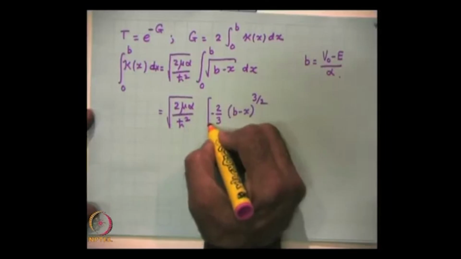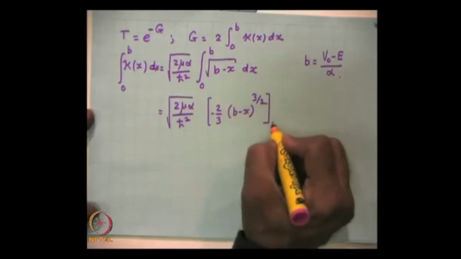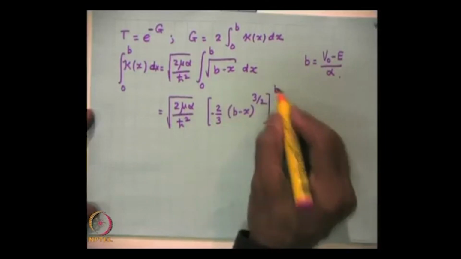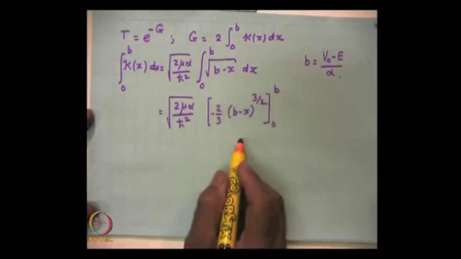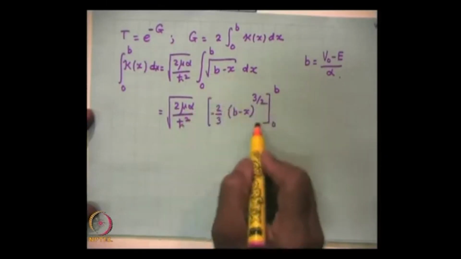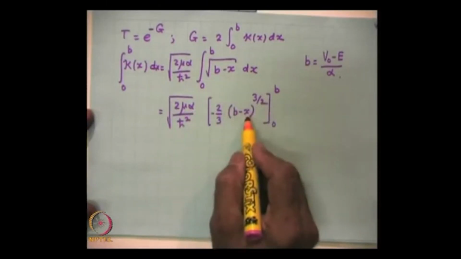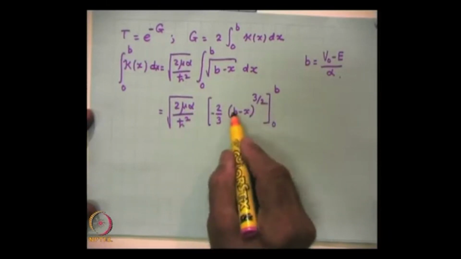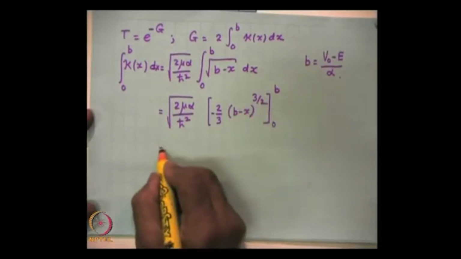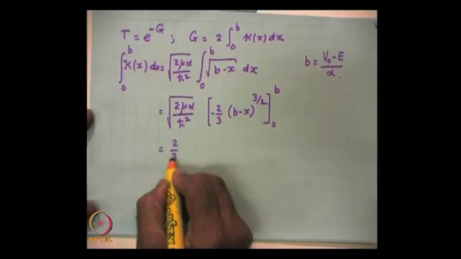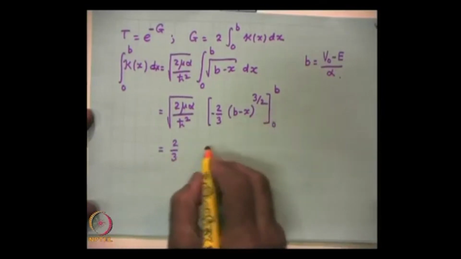This is a very simple straightforward integration. At the upper limit, the integrand itself is 0, because x is equal to b. So, at the upper limit it is 0. So, I get 2 by 3 b raised to the power of 3 by 2.